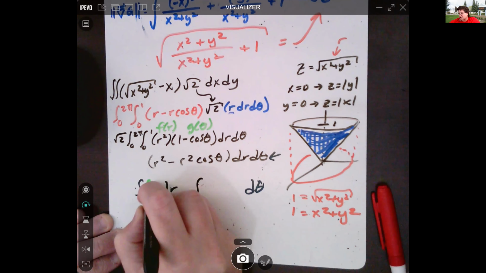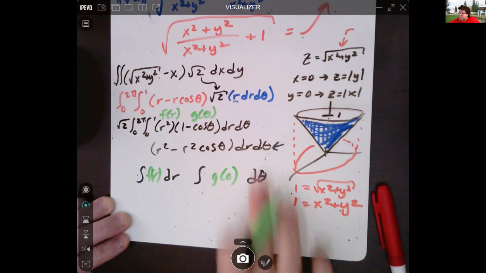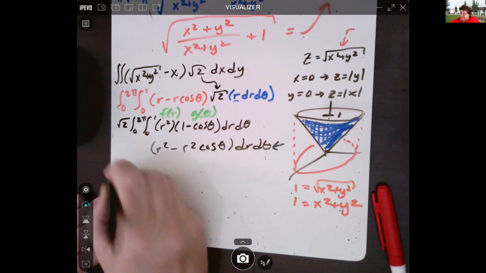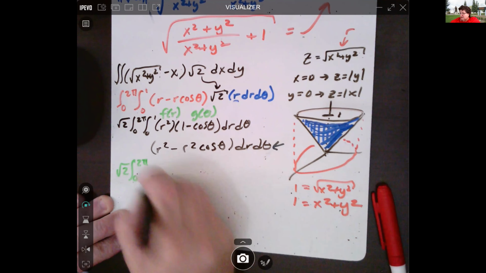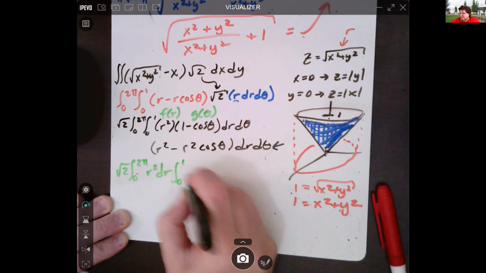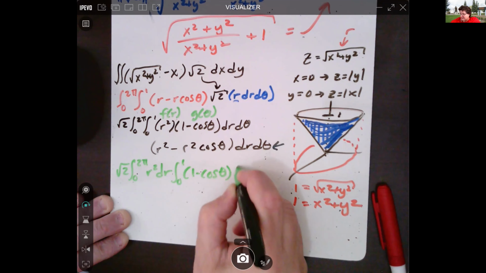I can do f of r and g of theta over here. So that's what I'm going to do. I'm going to have root 2, 0 to 2 pi, r squared dr, 0 to 1, 1 minus cosine theta d theta.